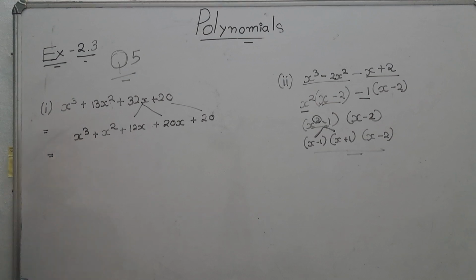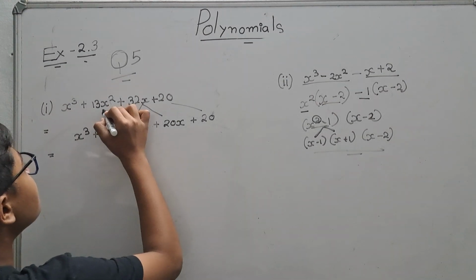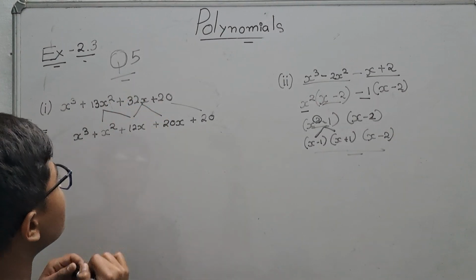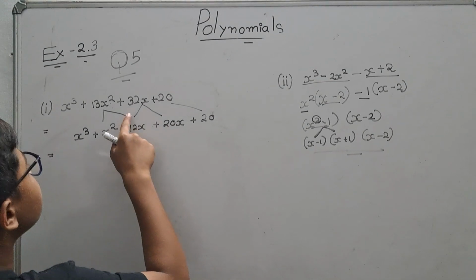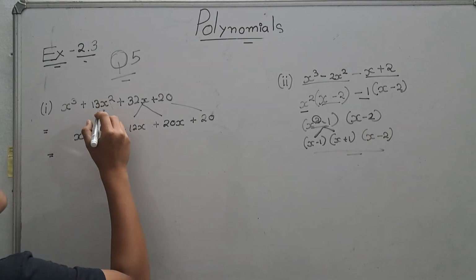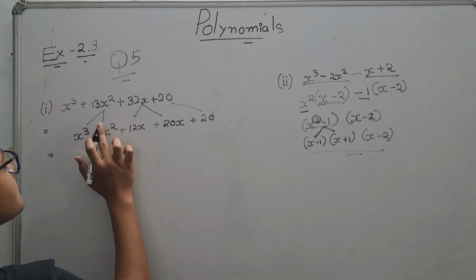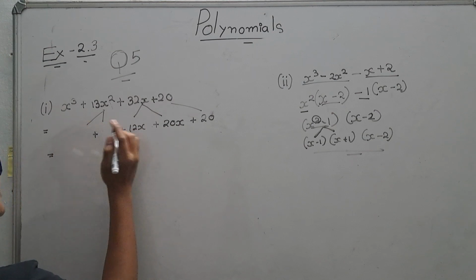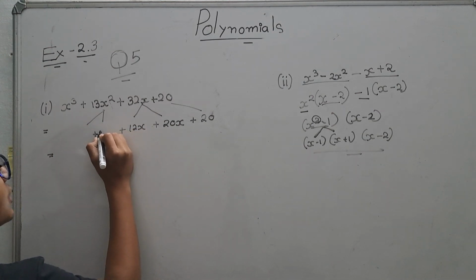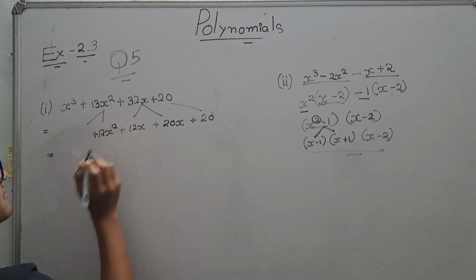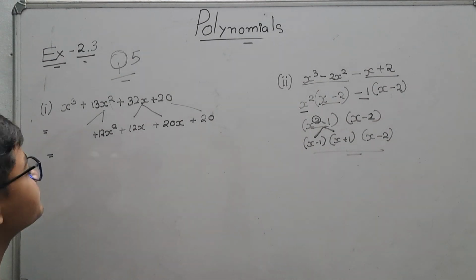So what do we have to do? Here you have 12, written 12. So as it is, you will write 12, but one x will be there, one x square will be there.